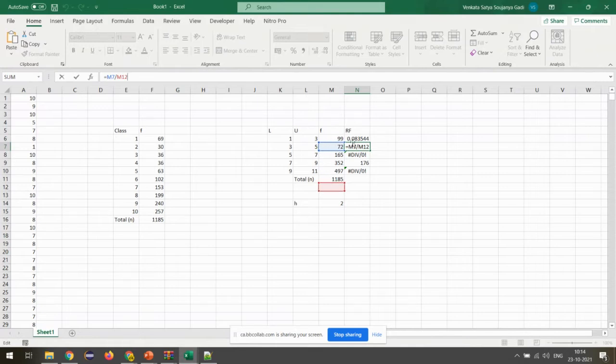So to not move around, I can put a dollar symbol. If I put a dollar symbol in front of a row, it stops the row from moving. If I put it in front of a column, it stops the column from moving. In this case, I just want to fix the row, so I can put it like this, and I'll copy down, and it calculates the relative frequency.